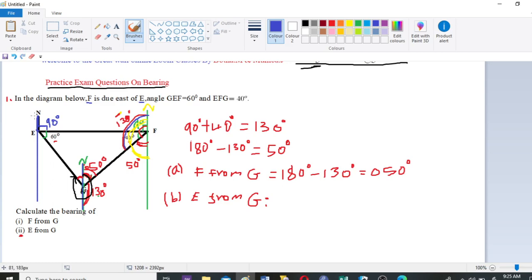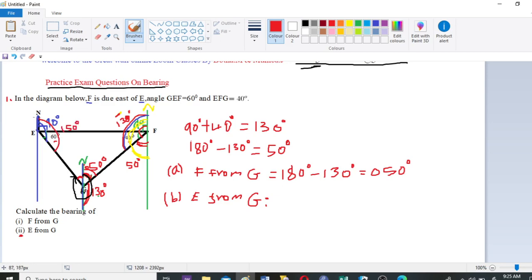So here let's also add 90 plus 60 so that we can get the total of this angle. When we add, we are going to have 150. So 150 is the big angle from here up to there.